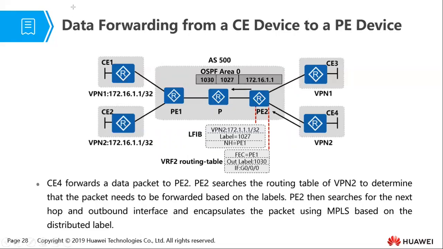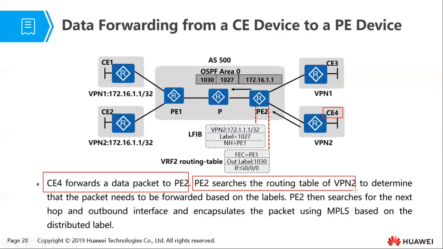So what do we have here? Okay, so CE4 is sending a packet to PE2. So CE4 forwards the data packet to PE2. So what happens?